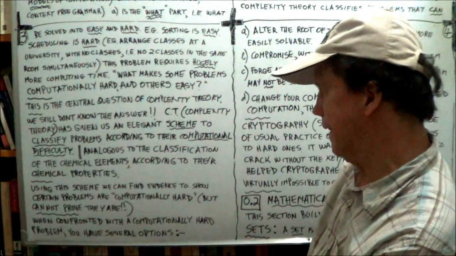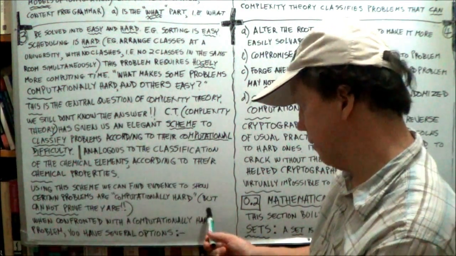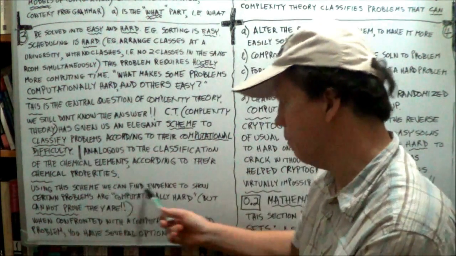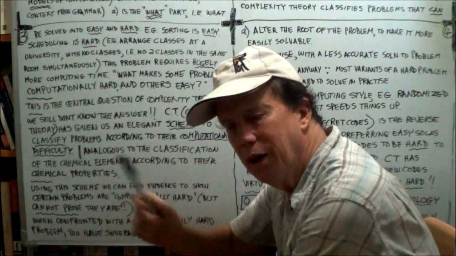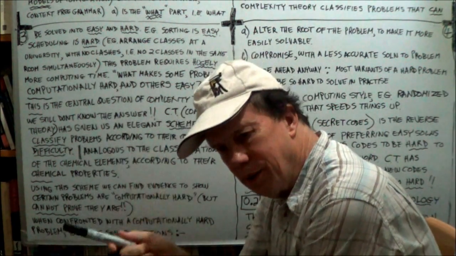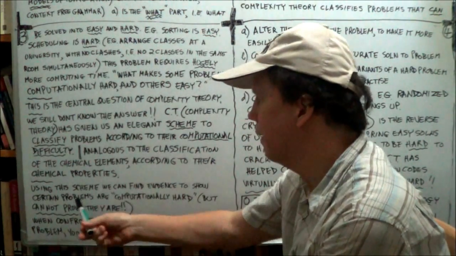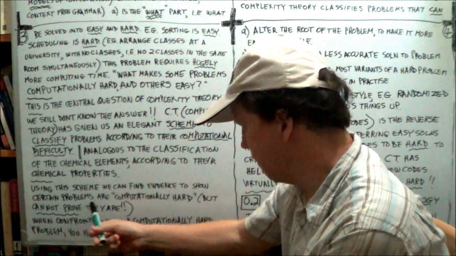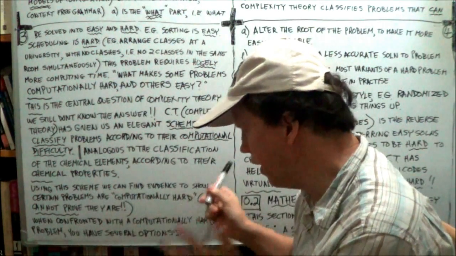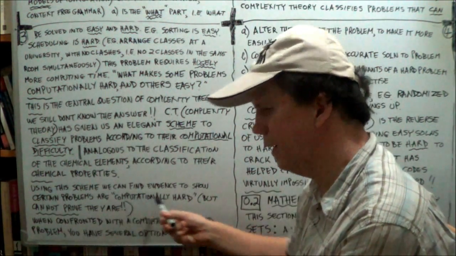All right. Now, here's a statement that might be useful. This classification scheme, dividing the problems into various levels of difficulty or hardness in their solution, helps you show that certain types of problems are computationally hard.